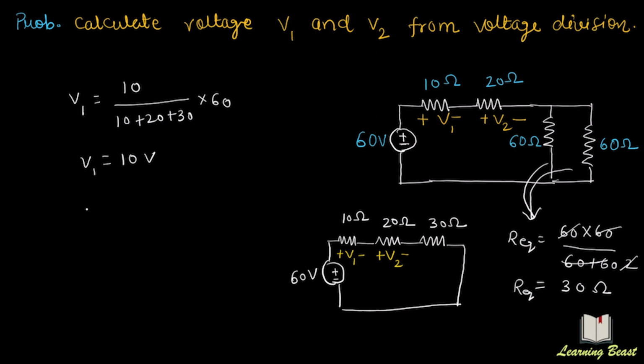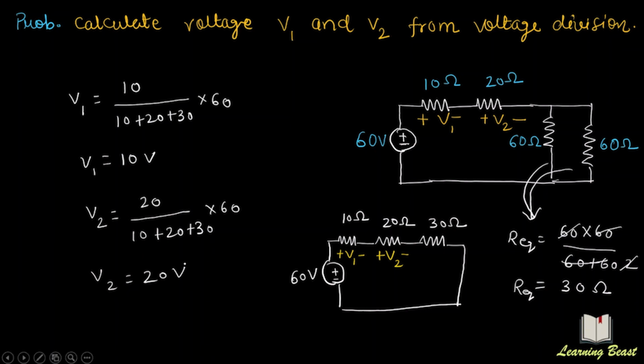Similarly, V2 is equal to the value of that resistor, 20, divided by the equivalent resistance 10 plus 20 plus 30, into 60. So V2 is equal to 20 volt. These would be your answers.